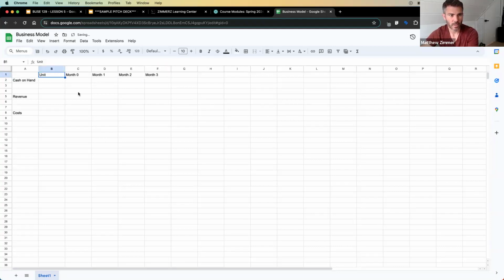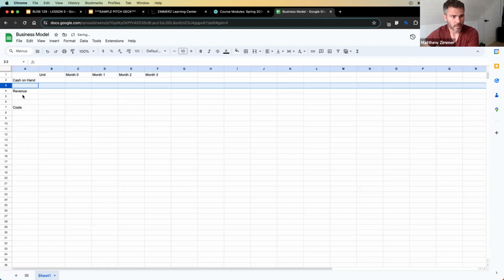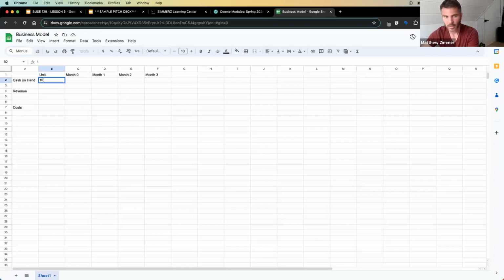Okay, so what I'm showing is I've got my unit economics, and then we're going to build a model that moves to the right that shows how cash adjusts over time. And so let's just say I've got $10,000. Well, so in month 0, I'm going to have $10,000 in the bank. Let's say, again, everybody's different on whether or not that's a reasonable number or not, but I'll just put it for now.